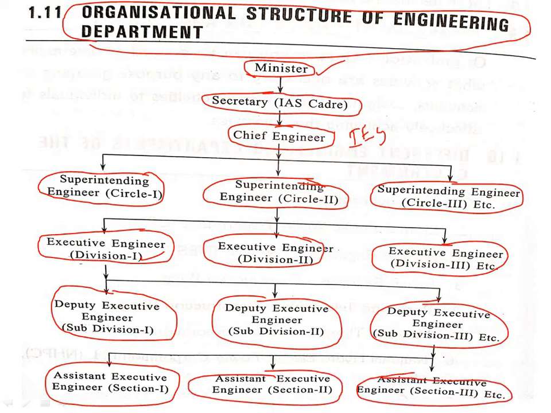These assistant executive engineers will be under any one of the deputy executive engineers, that is from 1, 2 or 3. Here it is stated that from 3 the assistant executive engineers are there, and the divisional deputy executive engineer for division 1 will be taken from division 1, that is the executive engineer division 1.